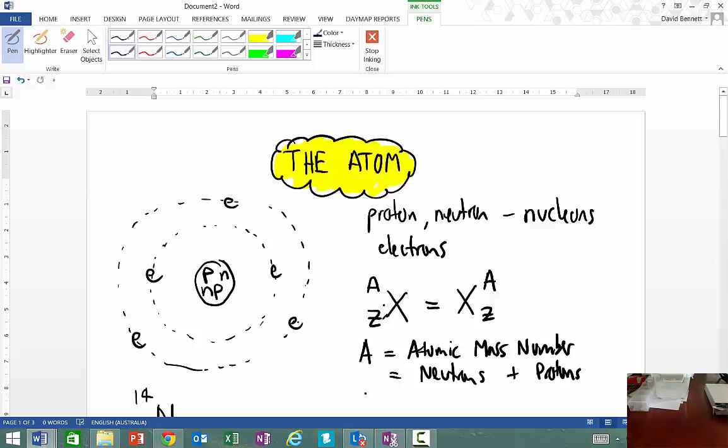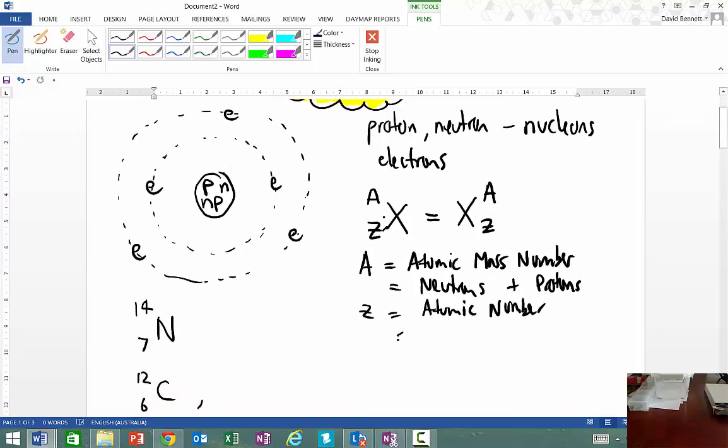These are things that you need to know. Z is the atomic number, and that's equal to the number of electrons, which is equal to the number of protons, which is quite interesting when you think about it.